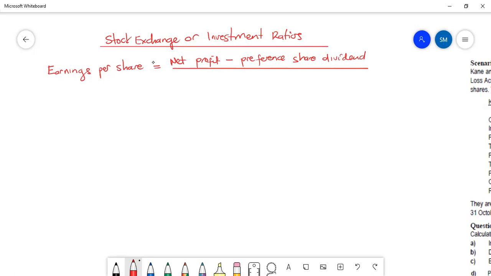So that is your net profit less preference share dividend. So this is now the amount of money that is available to ordinary shareholders.